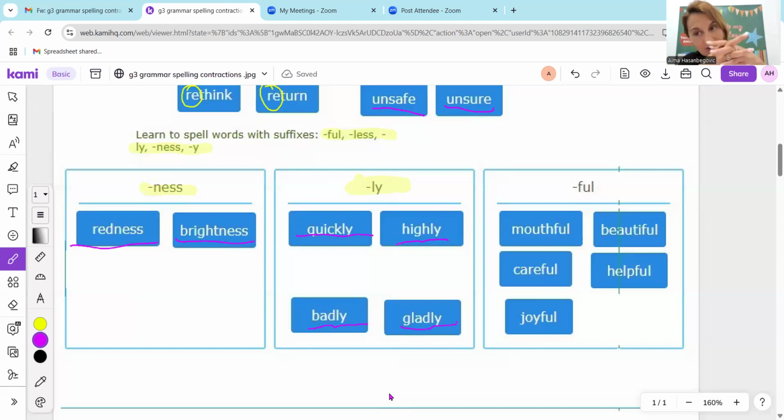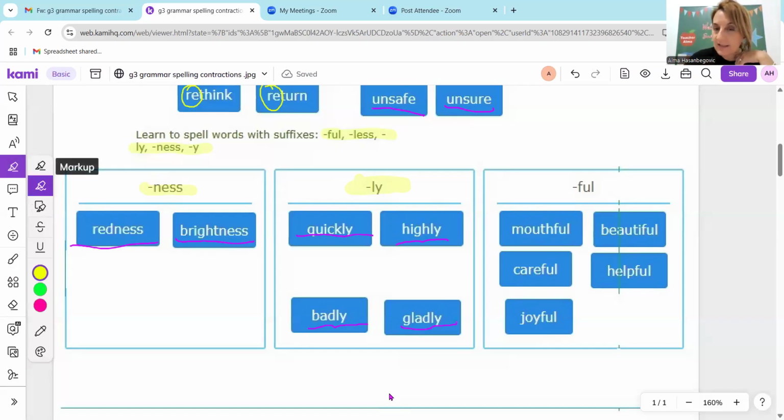Highly, put together, highly. Bad and ly, badly. Gladly. And the next one is the suffix full.